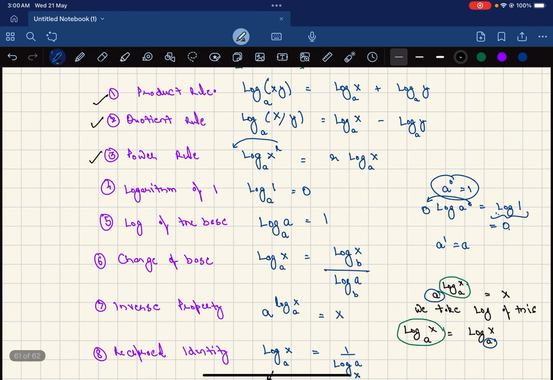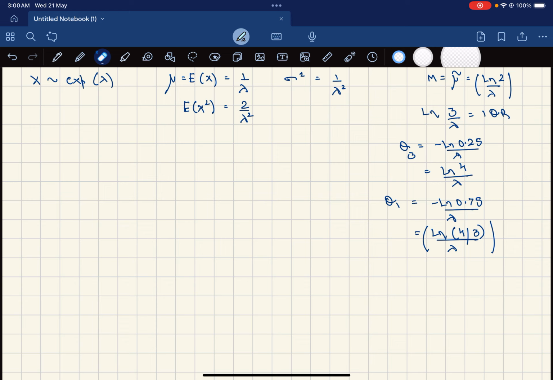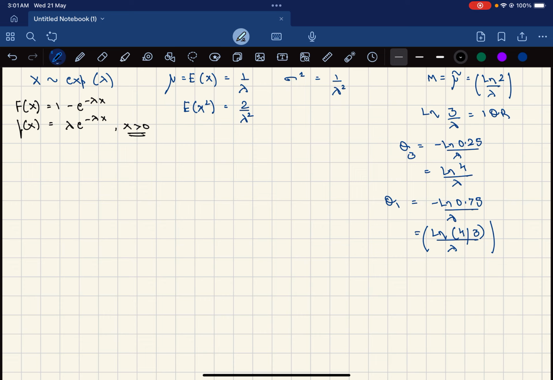So if you remember, we looked at the CDF of exponential distribution, which was derived using the PDF of the Poisson distribution, and it was given as F(x) equal to 1 minus e to the power minus lambda x, and then we had differentiated this to get the PDF of the same distribution as lambda e to the power minus lambda x, and both these definitions are defined for x greater than 0. This was the range of an exponential distribution.